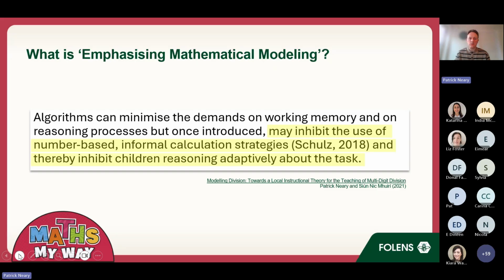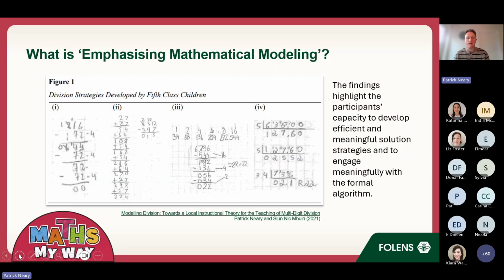So from the work that we did, here are some examples of how children in that 5th class solved multi-digit division calculations. Just to give a bit of background, we came up with the lessons together. All of the lessons started with a word problem, a very simple word problem, just putting it in context, but it was always a simple calculation, kind of a 3-digit number that would then be divided by a 2-digit number.